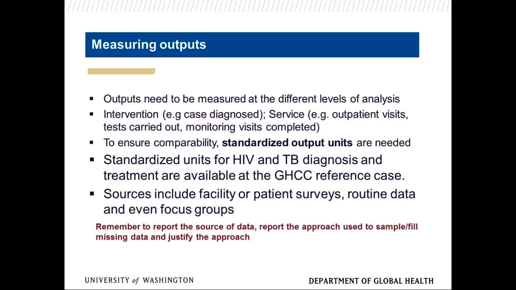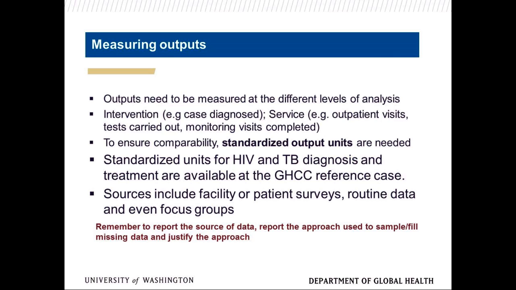So measuring outputs, as I mentioned, we work in the context of broader evaluations, and so often the outputs and the outcomes are coming from an evaluation team. They occur at different levels and mean different things. They're not always standardized for costing, and so the reference case is trying to move toward a set of standard units, and we have guidance on that.